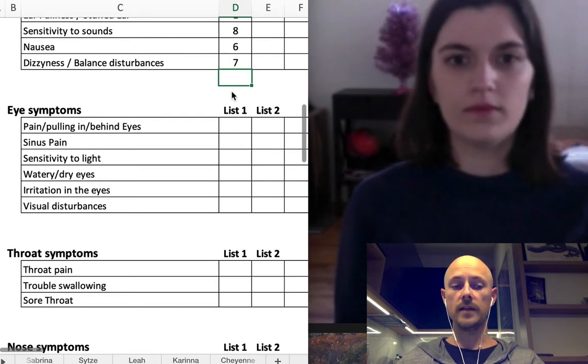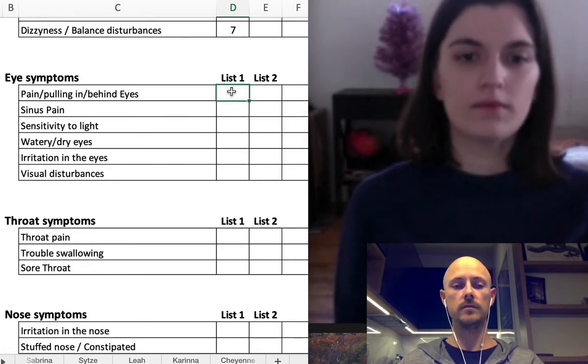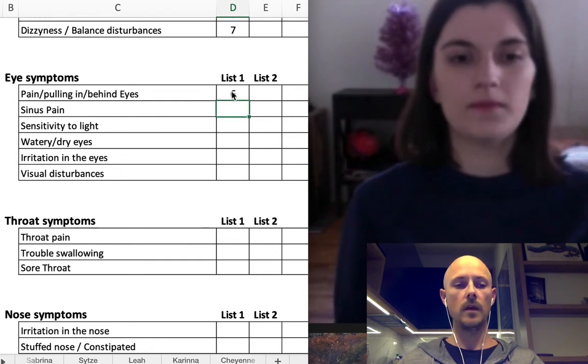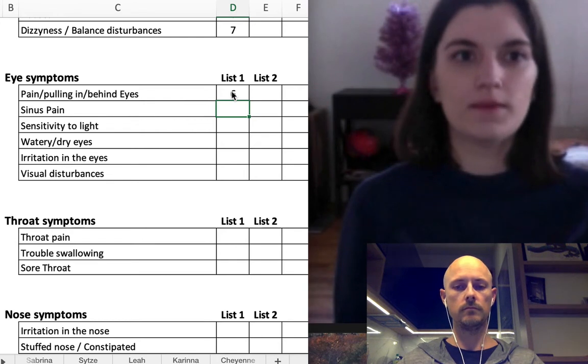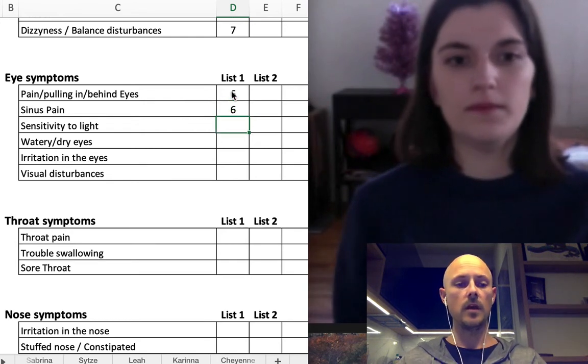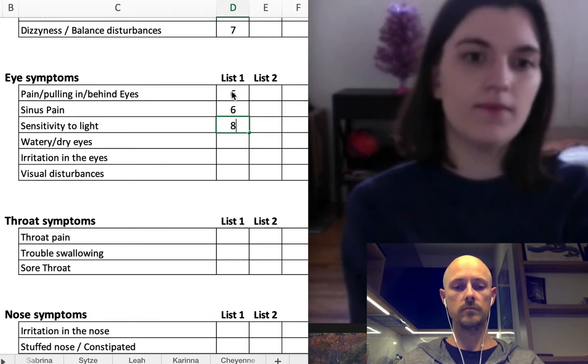And then we have different eye symptoms. So the first one is pain or pulling behind the eyes. 6. And then we have sinus pain. 6. Yeah. And then we have sensitivity to light. 8.